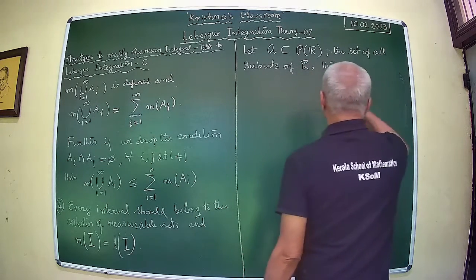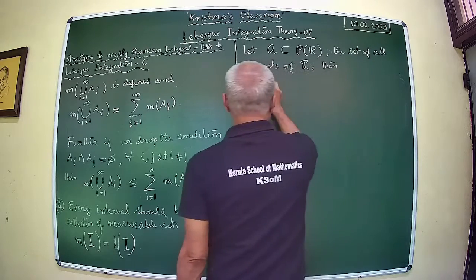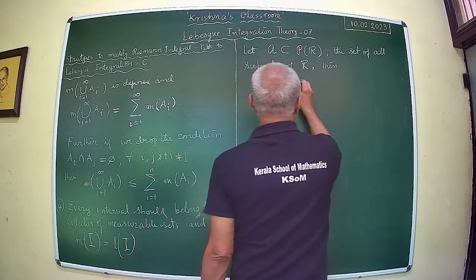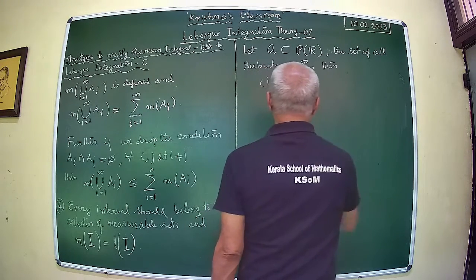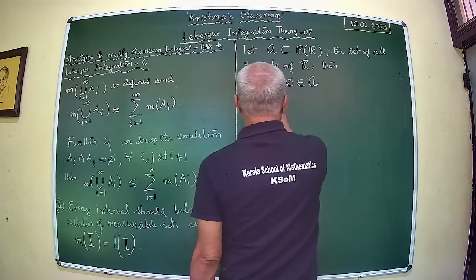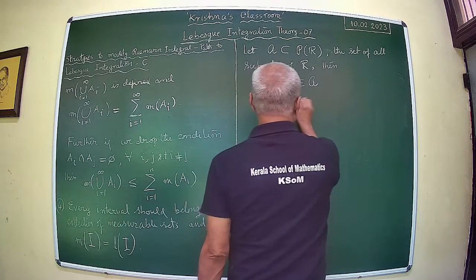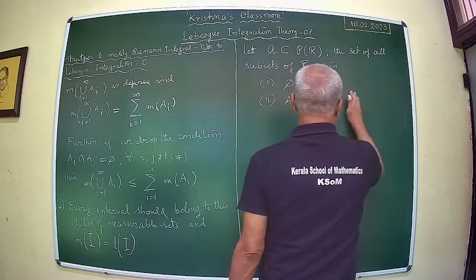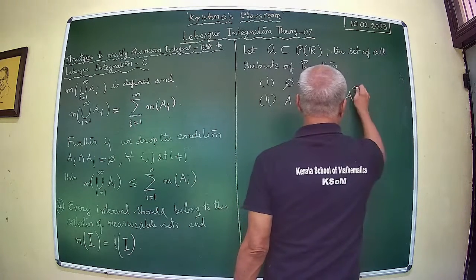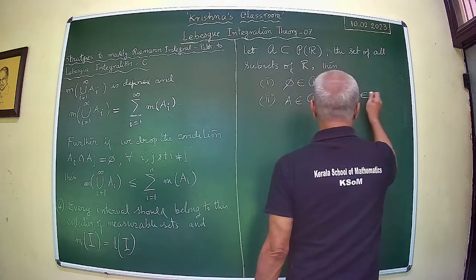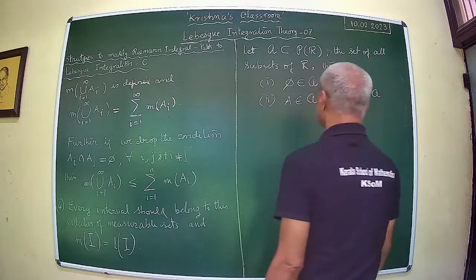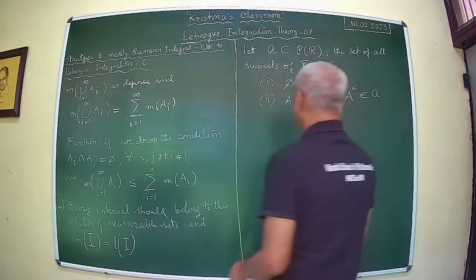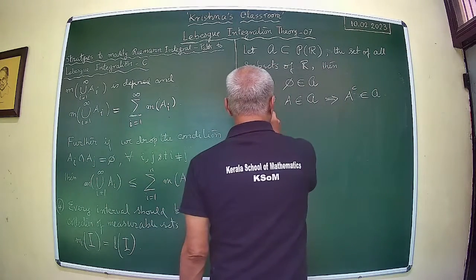Then one, the empty set belongs to this collection. Two, A belongs to this collection implies A complement belongs to script A. The third property that we ask for is this.